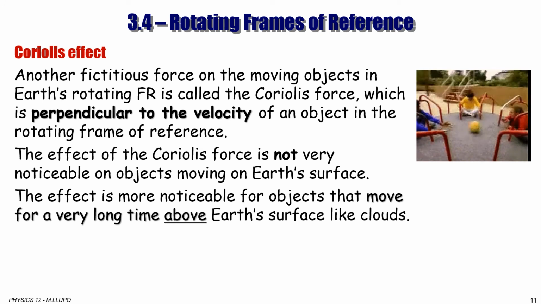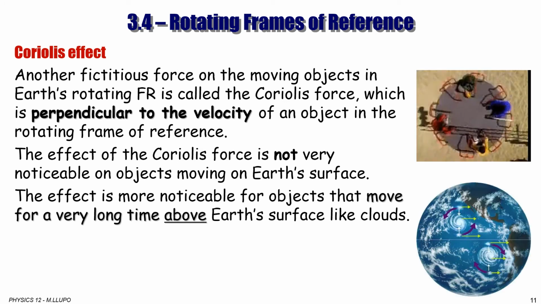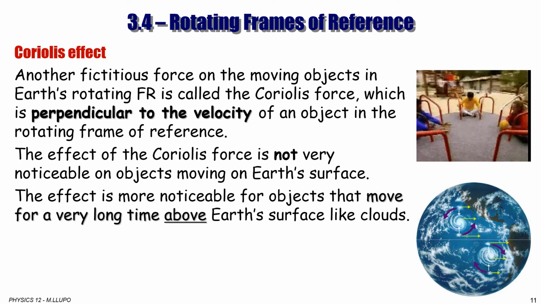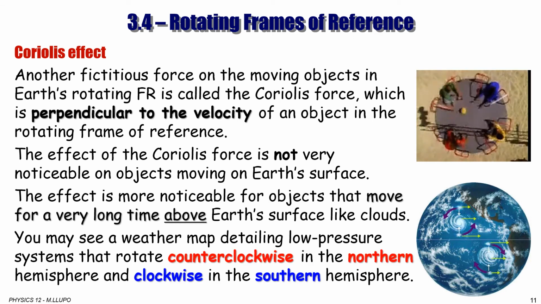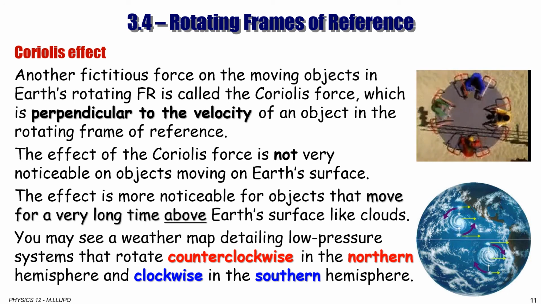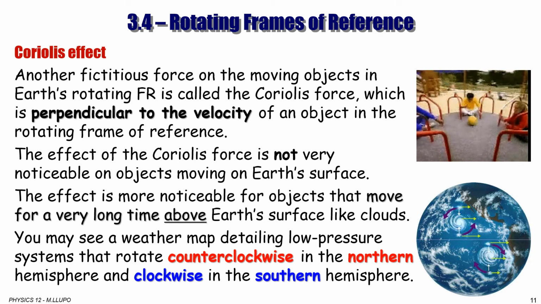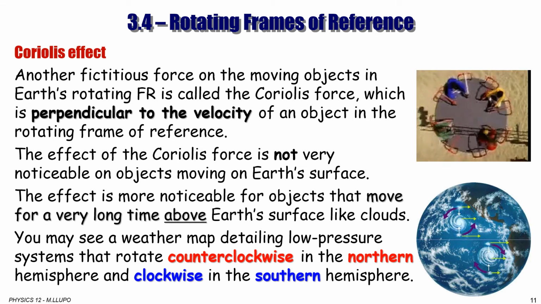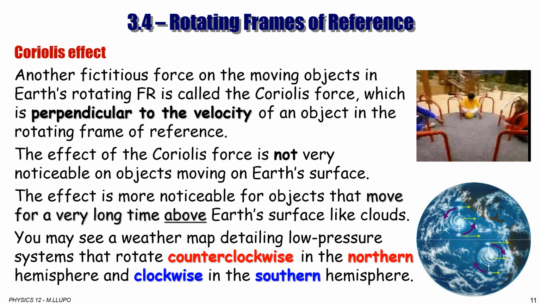The effect is more noticeable on objects that move far away from the Earth's surface, like clouds. And you're going to see this actually, the clouds are moving counterclockwise in the northern hemisphere and clockwise in the southern hemisphere for the same reason, because of the moving further away, closer to equator, because the radius is bigger, the distance from the center of the Earth is bigger, closer to equator compared to closer to poles.